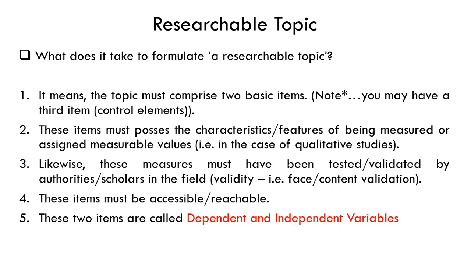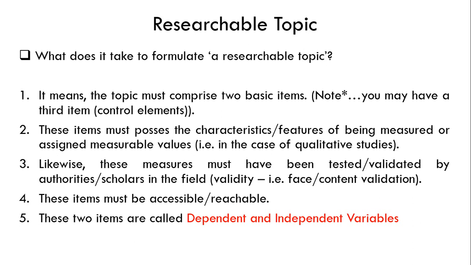Going forward, the measures that the dependent and independent variable are supposed to have must have been tested or validated by authorities and scholars in the field. You can get this by reading a lot of related studies and research on the particular topic we'll end up formulating as we go on in the tutorial.